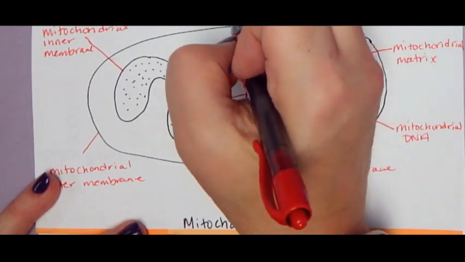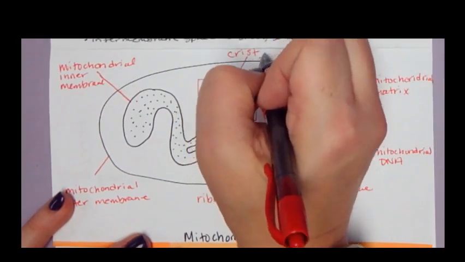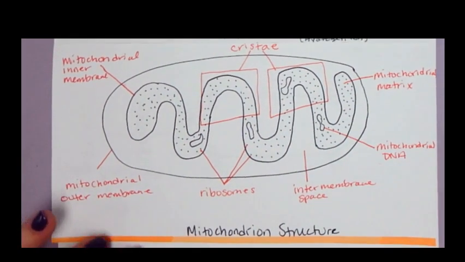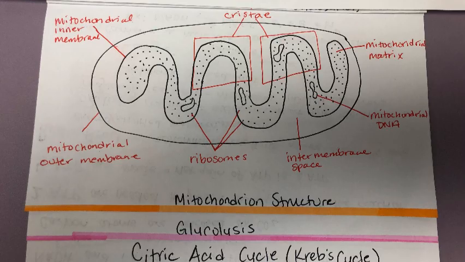All right, these areas that I'm boxing in here, these are called the cristae. Cristae are the folds of the mitochondrial inner membrane. They help increase the surface area so that more reactions can occur.